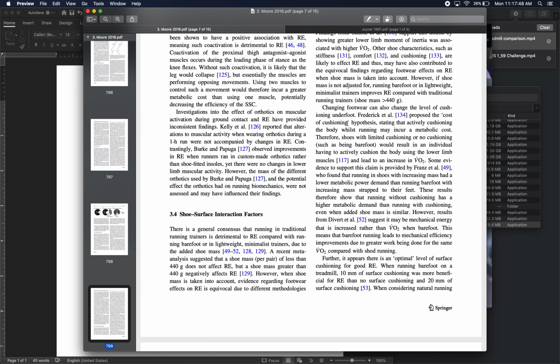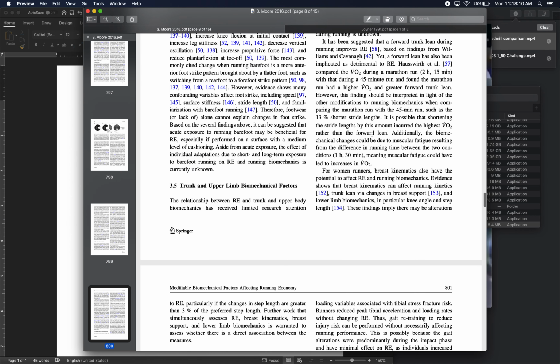So having a cushioned shoe, as long as it's not too heavy or not too massive compared to some other shoe, can be beneficial for running economy. This was a hypothesis that Frederick came up with based on some data that he had that he then tested, and that some other researchers later on also tested and found some interesting results that we'll go over. Second to last topic, sorry.